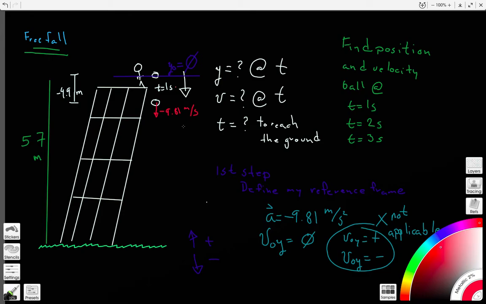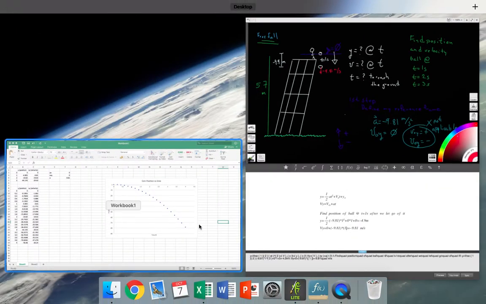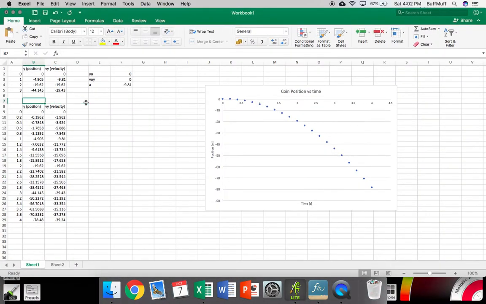Okay, so now I took the liberty to actually calculate it for 2 and 3 seconds using Microsoft Excel. I just used the formula here. So I put y position and velocity. I'm stating that my original position is 0, my original velocity is 0, and my acceleration is minus 9.81. As you can see in the formulas, I'm using the same formulas that I just showed you, but I'm just telling Excel to do it for me.